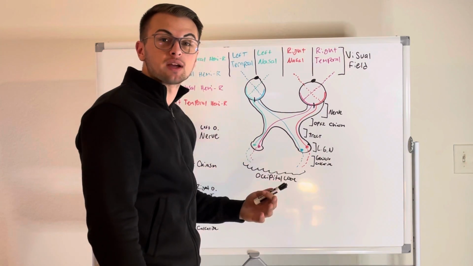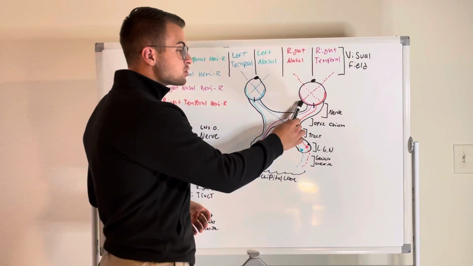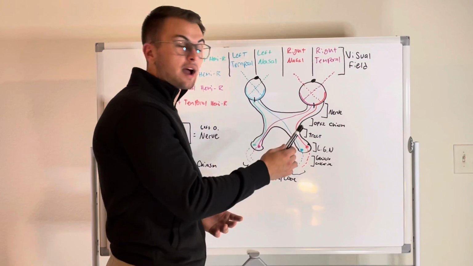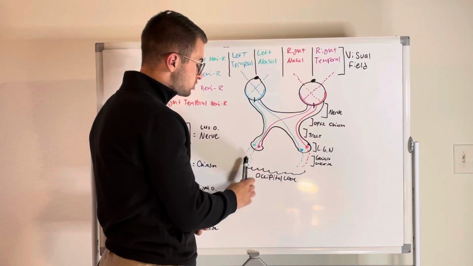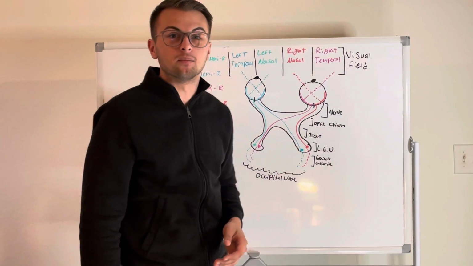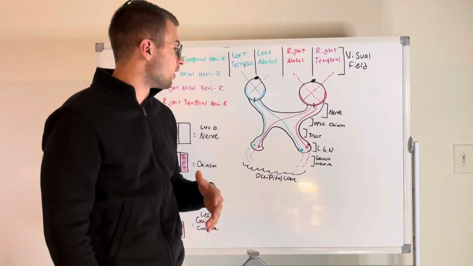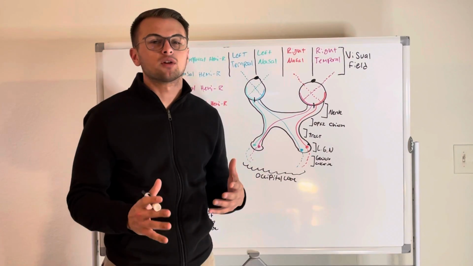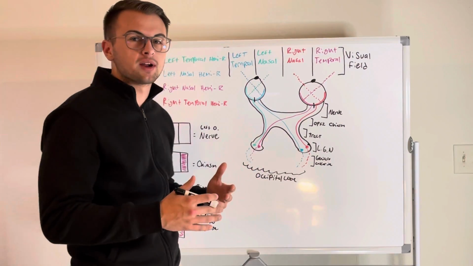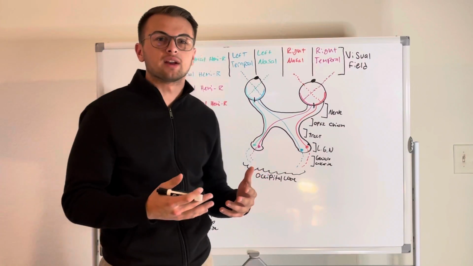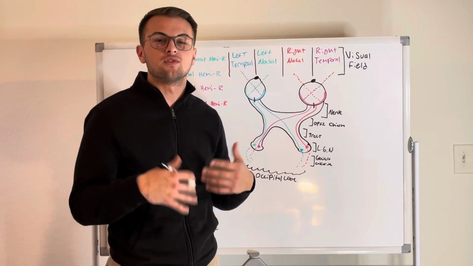And the sensory information from the right nasal hemiretina is going to cross right here to the left occipital lobe. So if you're interested in why this is the case, it's so important in our evolution as vertebrates to protect our spinal cord and to orient it the correct way and to develop further.